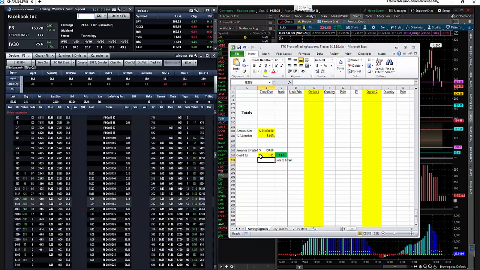If I'm risking $750 for a $1.05 signal, well, I'm going to be able to do 7.14 lots. We know that we can't do 7.14, but we can round up and round down. In this case, we would round down. I would do a 7 lot. That's going to keep my variance low. I'm going to have the same amount of money out on the table each time.